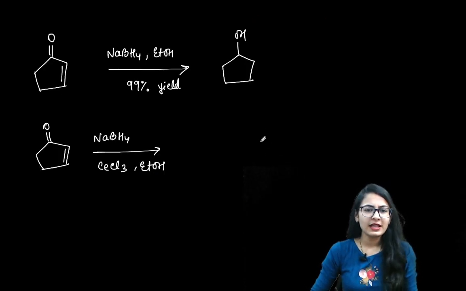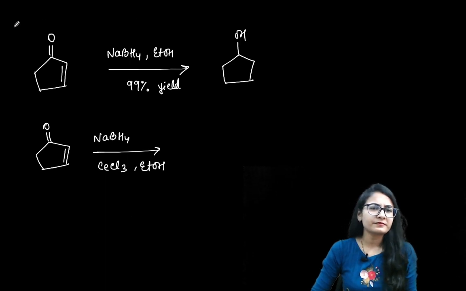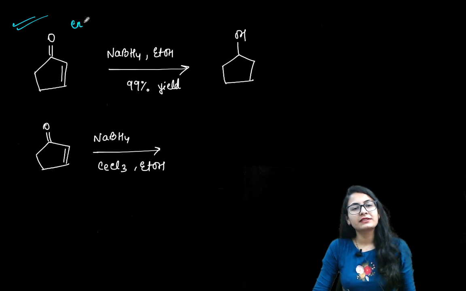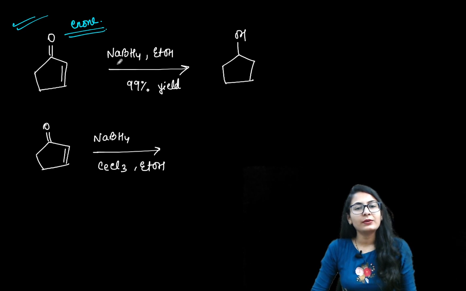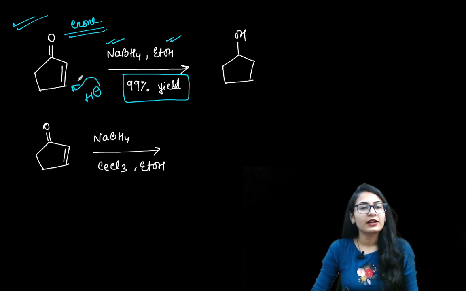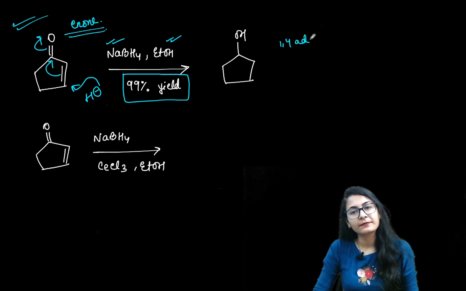Then we move onwards and see a simple comparison. This is a simple comparison, guys: when you take the enone system and you have sodium borohydride in the presence of ethanol, 99% of the product is the completely reduced product, where the hydride got transferred in the conjugate addition manner. So we call it 1,4 addition, or conjugate addition.